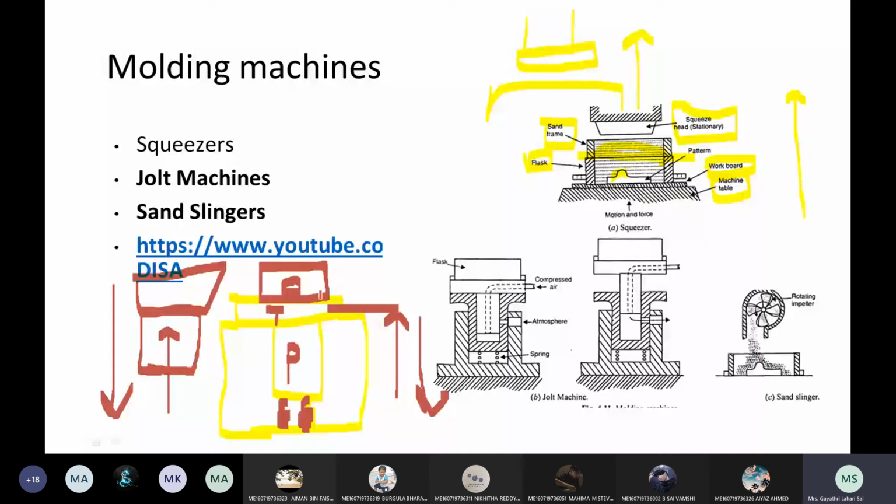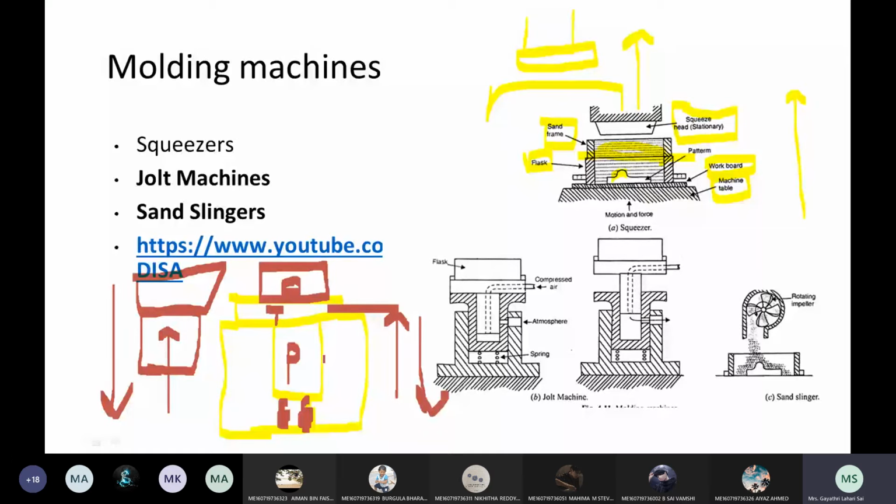The motto of this is you have to distribute the sand uniformly and it has to be rammed thoroughly. So the main thing is you have to move it up and suddenly pull it down, pushing up and pulling down. How do you do it? By using a plunger, a hydraulic or a pneumatic system.